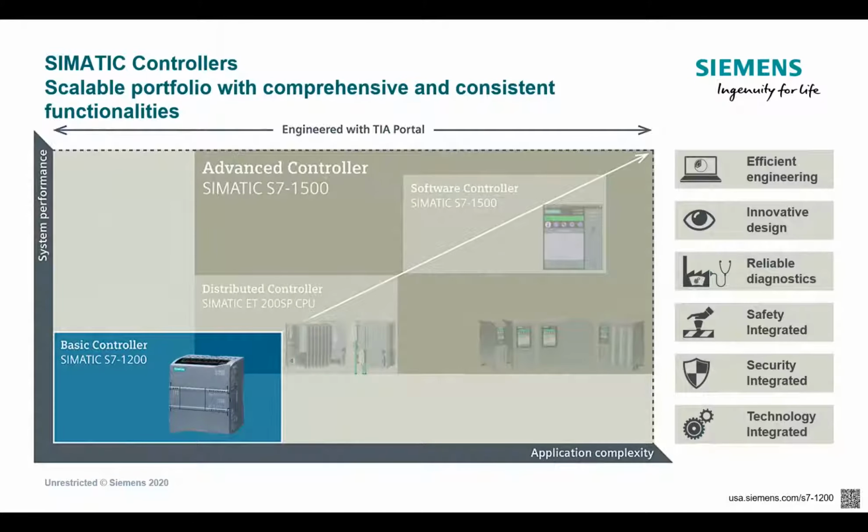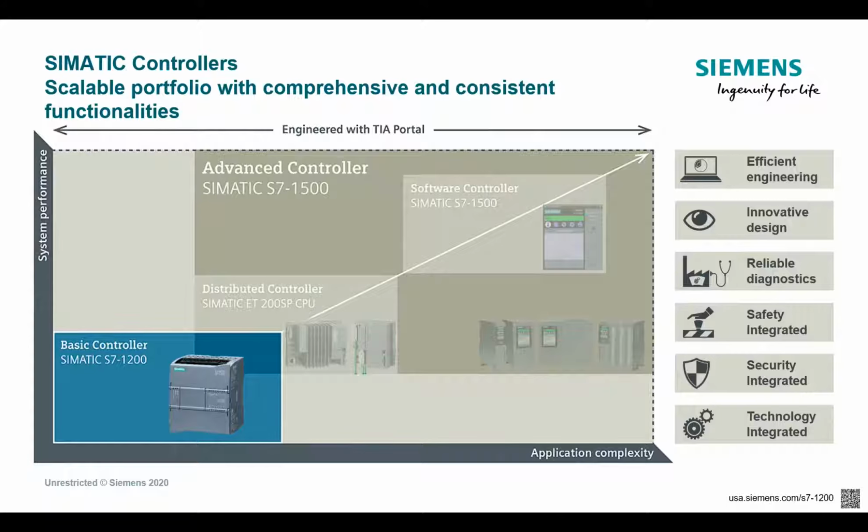So this is just showing the 1200, and one of the most important things I like to show in this graph is you can see that the 1200 starts to overlap with the distributed controller. And the reason why I think that's an important thing to show is that the 1200, unlike other options in this family, does not limit you from connecting remote I/O to it.